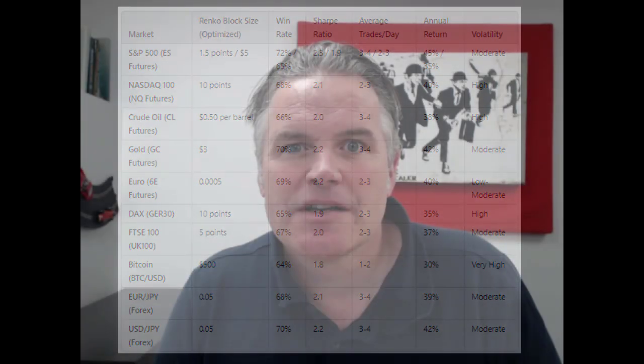So there you go, Renko and Ichimoku together. I think you can see how powerful it is, the way the Renko clears out the noise, allows you to focus on the price action, and allows indicators like the stochastic and the super trend to work more efficiently.